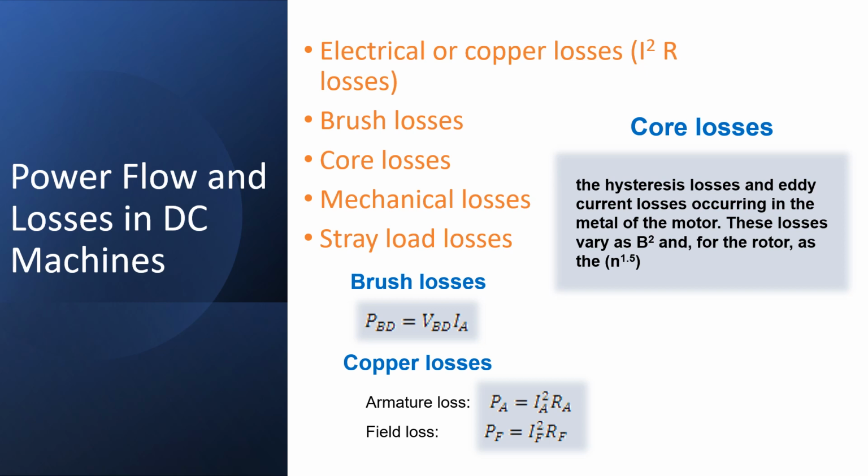For the copper loss, we have the armature loss, which is equal to the square of the armature current times the armature resistance, and the field loss is equal to the square of the field current times the field resistance. Core losses are divided into two: the hysteresis loss and the eddy current loss. They occur in the metal of the conductor. These losses vary as B squared and, for the rotor, as n raised to 1.5.